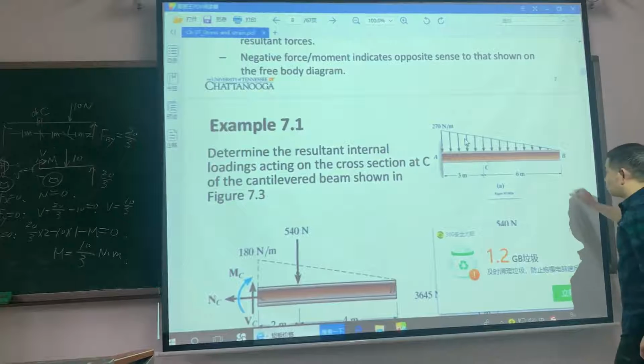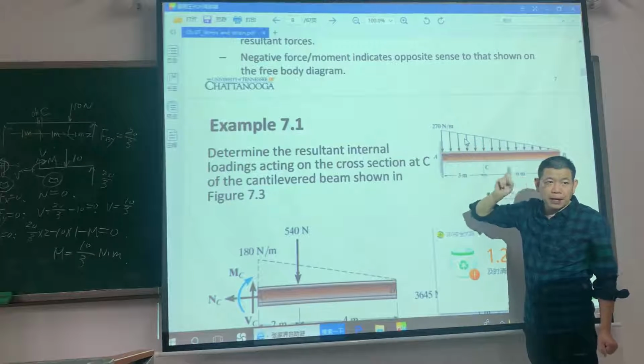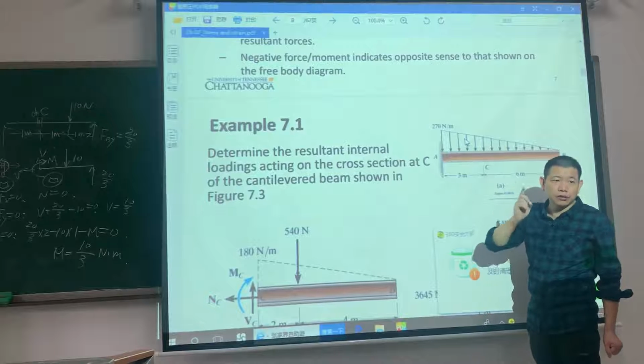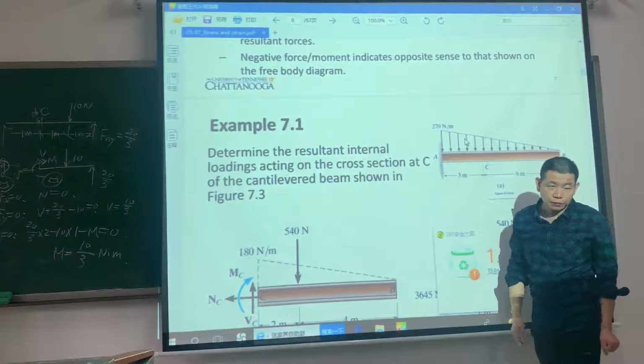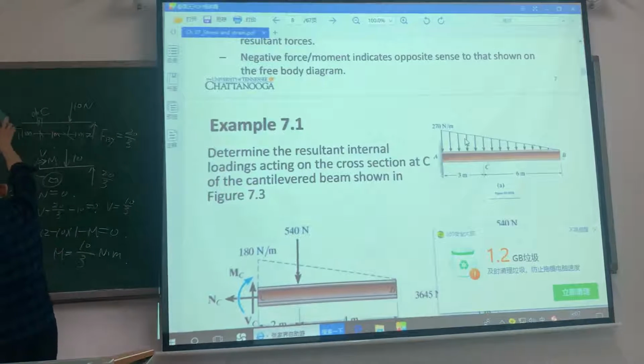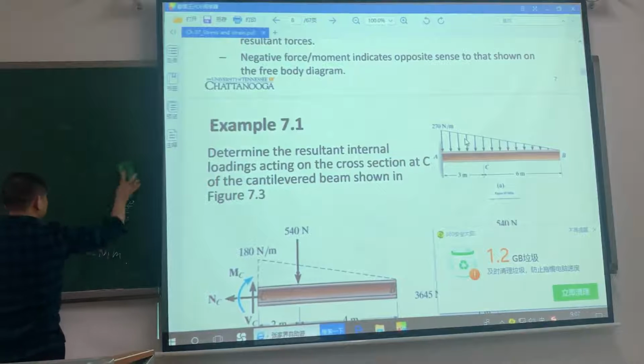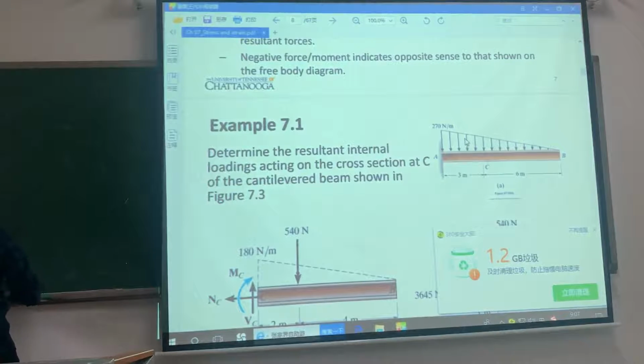For a distribution loading, we can replace it by a concentrated loading.